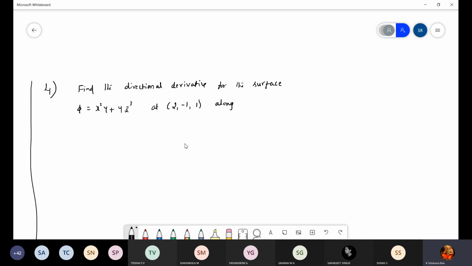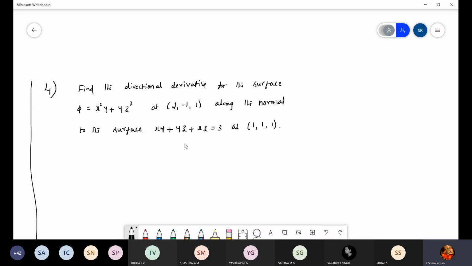Okay, along the normal to the surface xy plus yz plus xz equals 3 at (1, 1, 1).